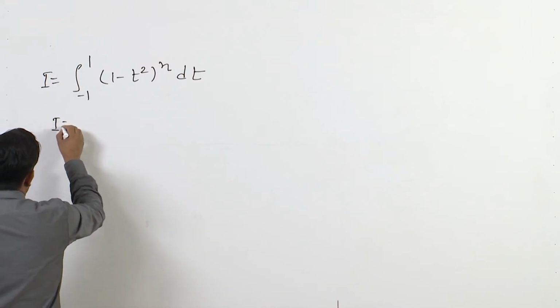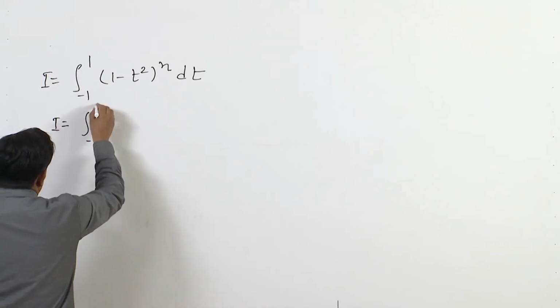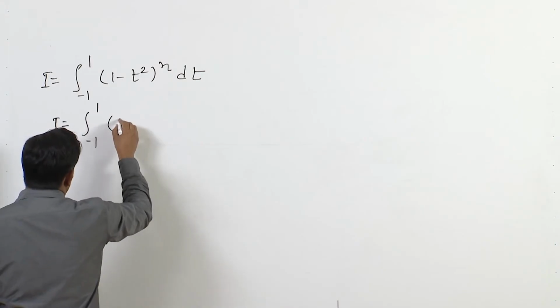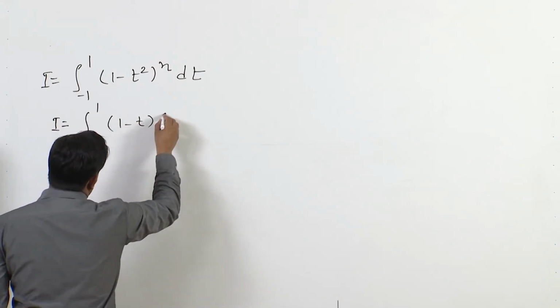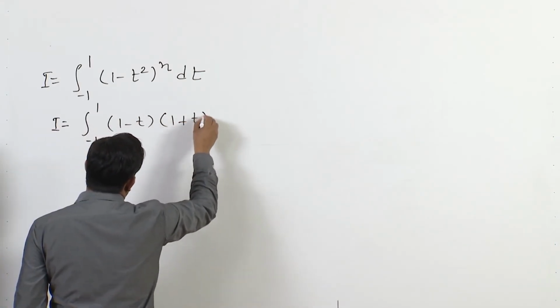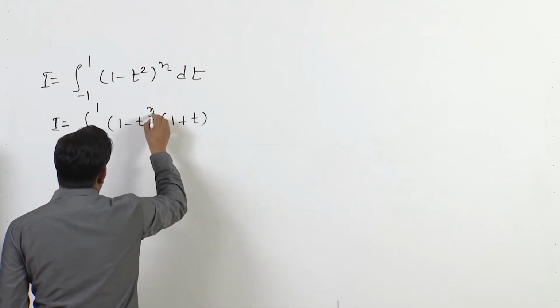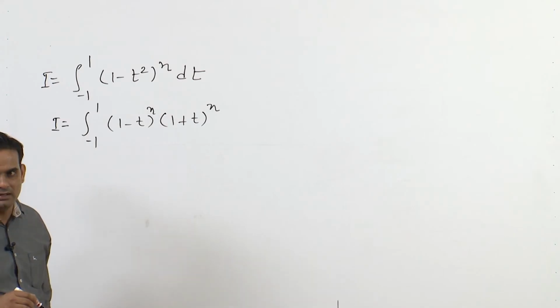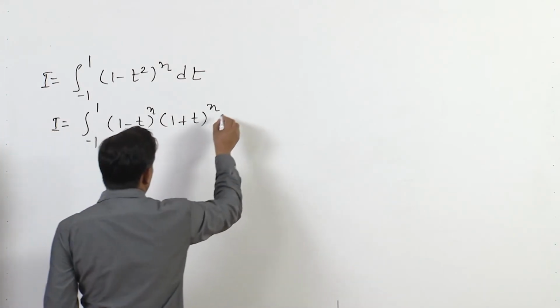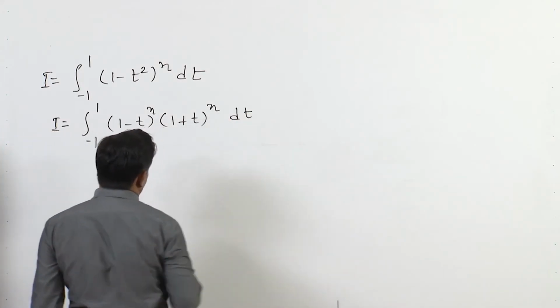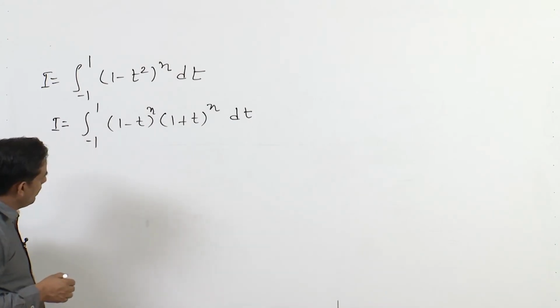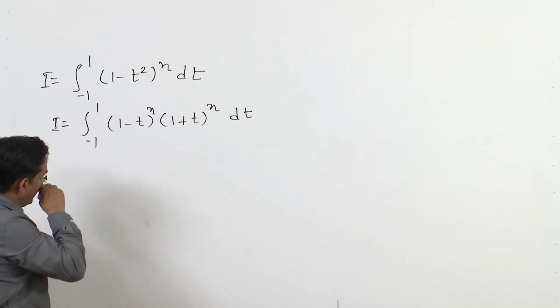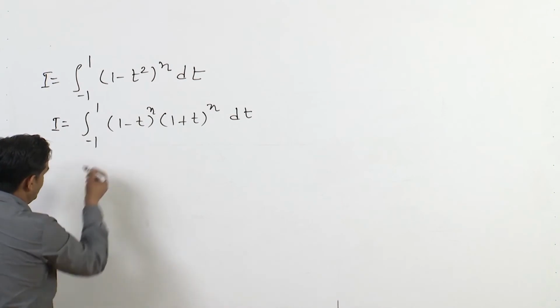So, I can write I as the integral from minus 1 to 1 of (1 minus t) raised to power n times (1 plus t) raised to power n dt. Now, how to move? Okay, we can do it this way.